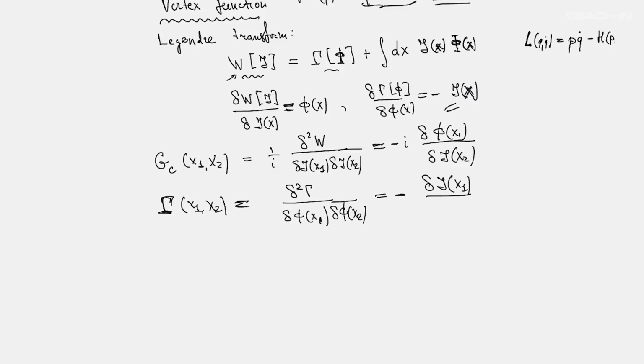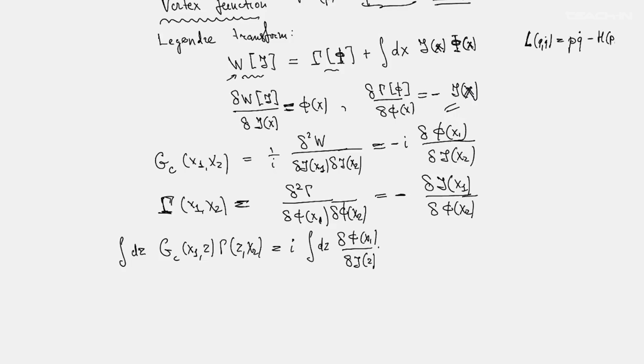And finally, if I now integrate over z, G of x1, z, gamma of z, x2, and substitute these findings into this formula, what I will get is i integral dz, and delta phi of x1 over delta J of z, multiplied by, now for gamma, delta J of z over delta phi of x2.